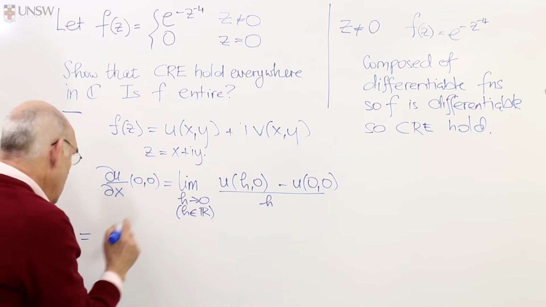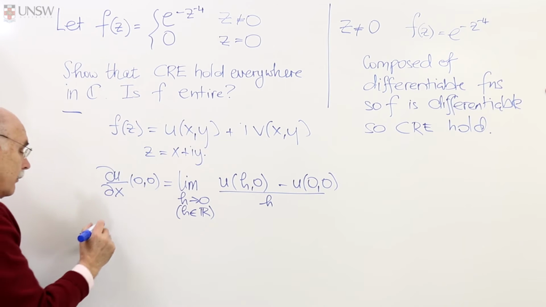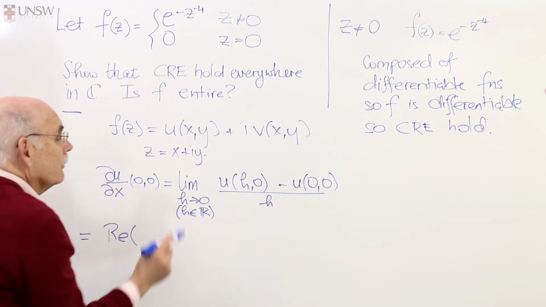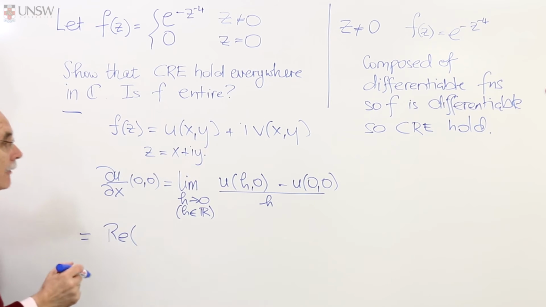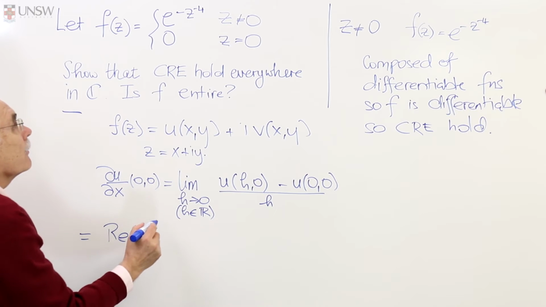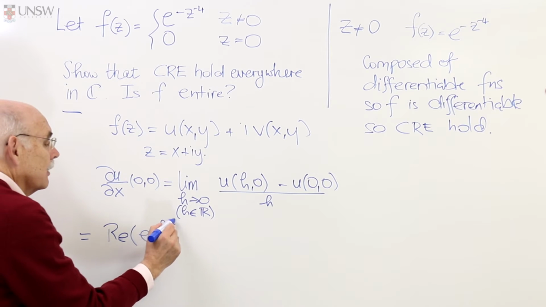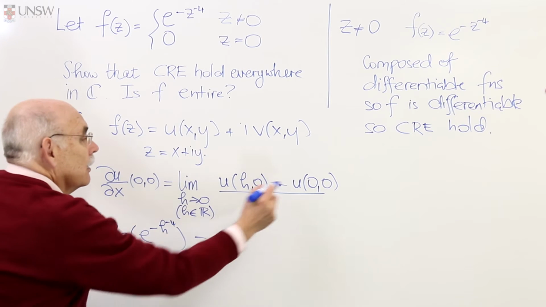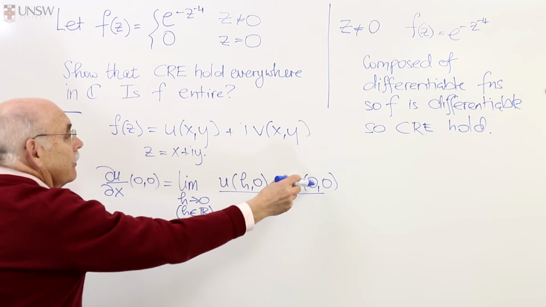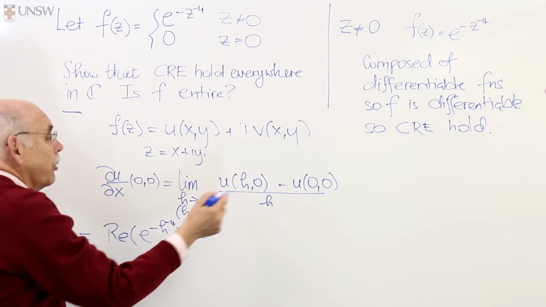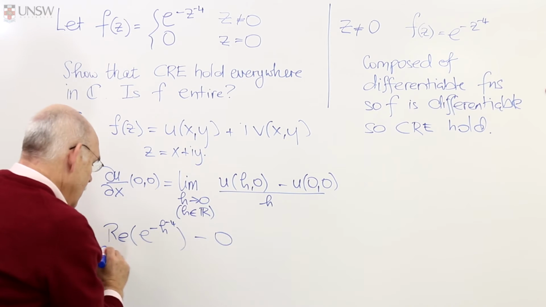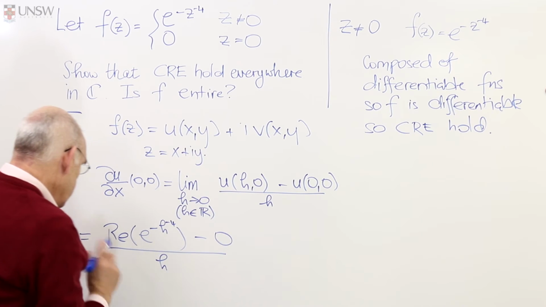which is equal to, well, u is the real part of f, so that's the real part of, and h,0 corresponds to h plus i0, which is just h, the real part of e to the minus h to the minus 4, minus u of 0,0, well that's the real part of f of 0, which is just 0, over h.